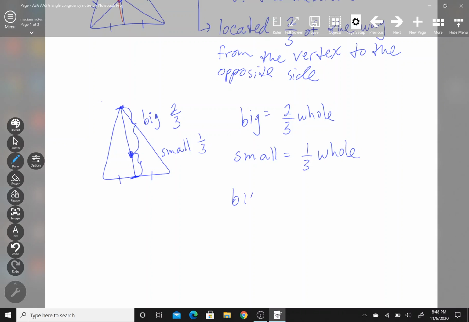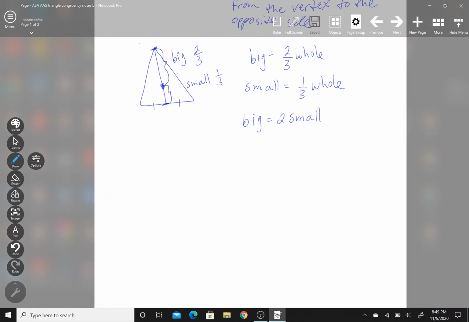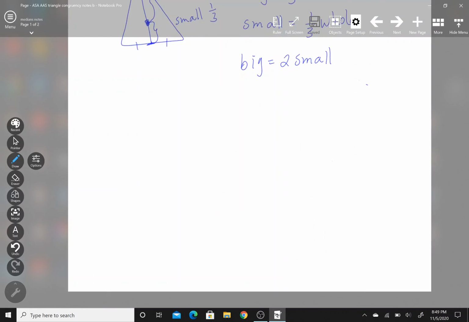So your big piece is 2 times the small one, because 2/3 is twice as big as 1/3. So these three formulas are the main ones that we're going to be working with to find different lengths of parts of this median. And then of course there's also another one if you want to find the whole thing. If you know the big and the small, you just add them together. But that just kind of goes without saying.